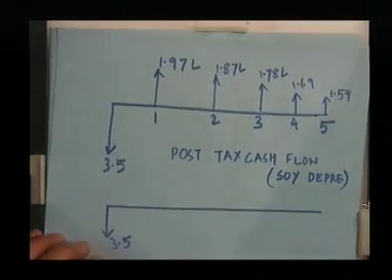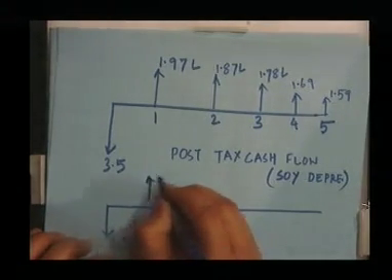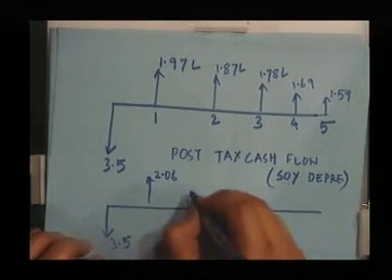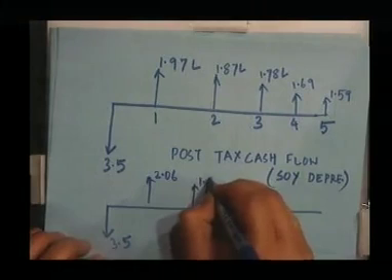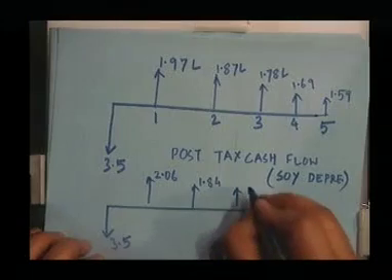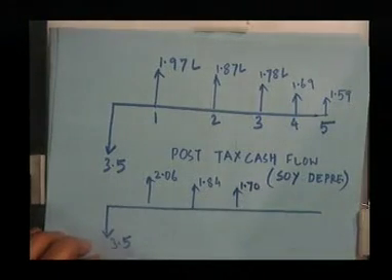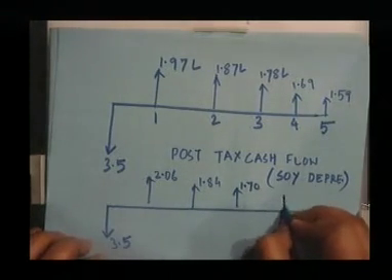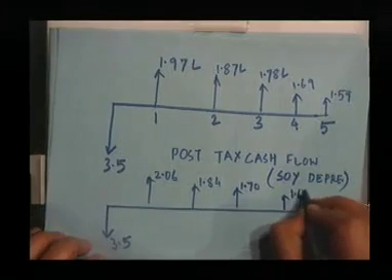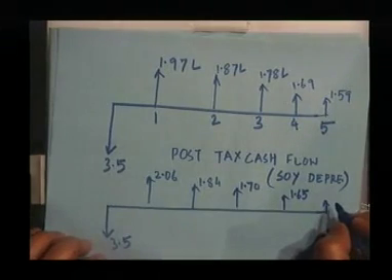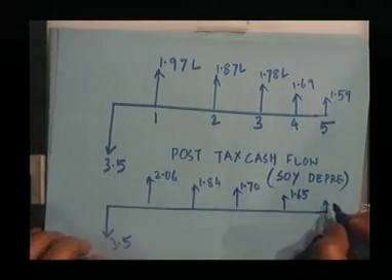It is 3.5 here, then here it is 2.06, then I have 1.84, then 1.70, then for year 4 I have 1.65, and finally for year 5 my net income is 1.65.